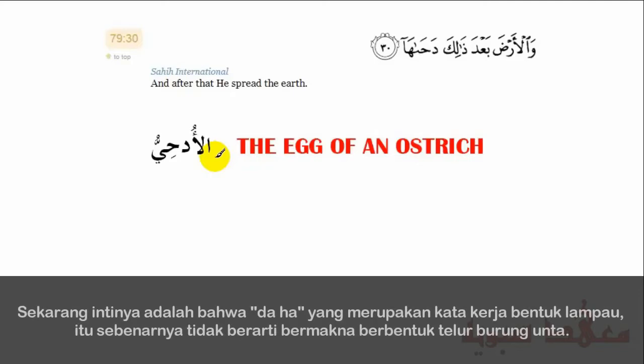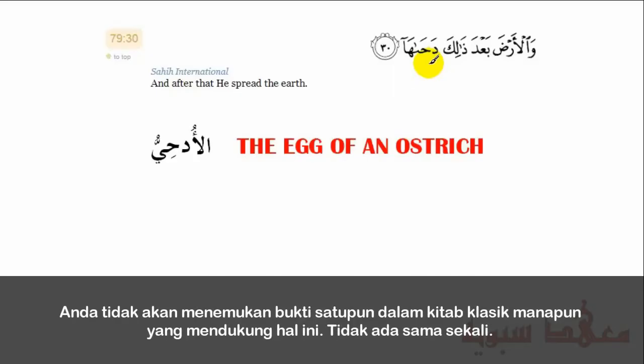Now, the point here is that this verb daha, which is the past tense verb, it doesn't actually mean to make something in the shape of an ostrich egg. You won't find any single evidence in any of the classical texts to support this. None whatsoever.